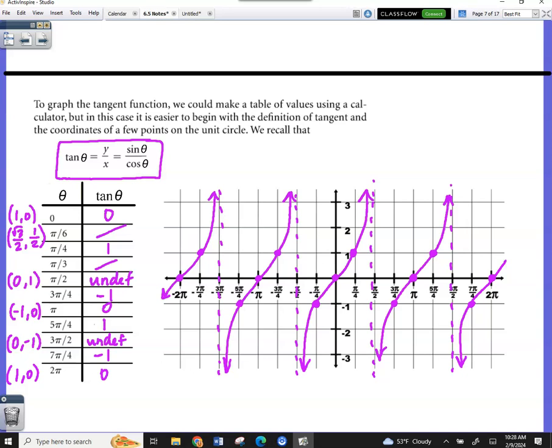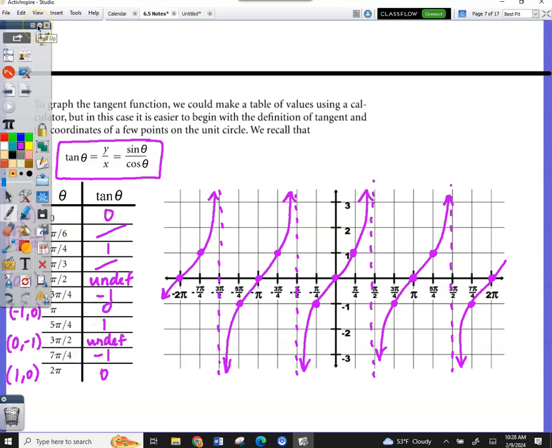Now, your anchor dots are really just the ones that graphed completely. You can graph the whole thing if you wanted to, or you can do the anchor dots, which is these 3. And then you would need to know that you do have asymptotes on the pi over 2 increments.